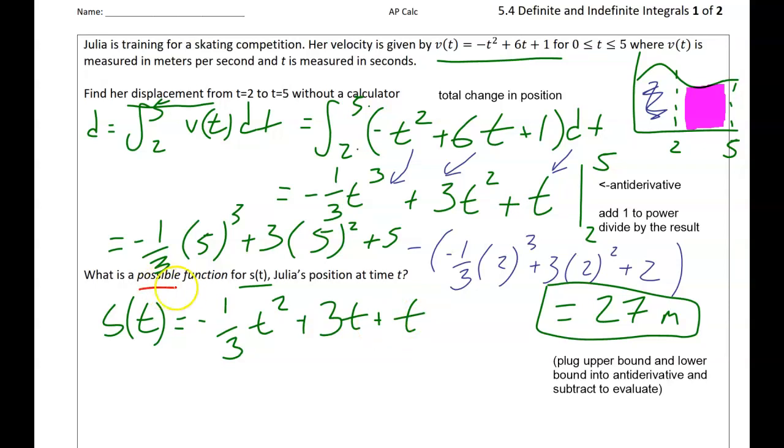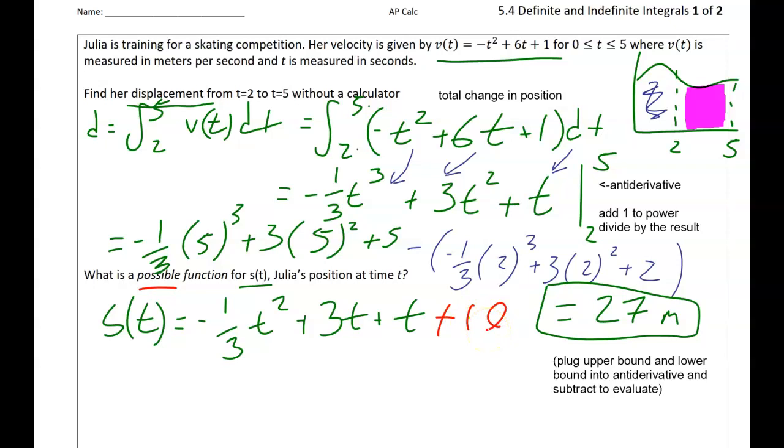So notice I said possible function. If I wrote plus 5 at the end here, that would be a possible function for S of t, because the derivative of 5 is 0, right? So that would still get me my v if I took the derivative, and you can check if you don't believe me. If I put plus 10, still true, right?